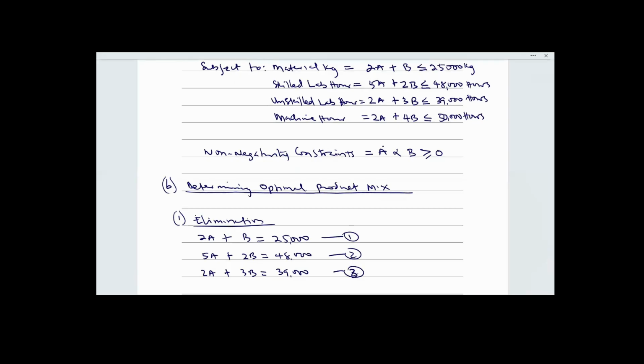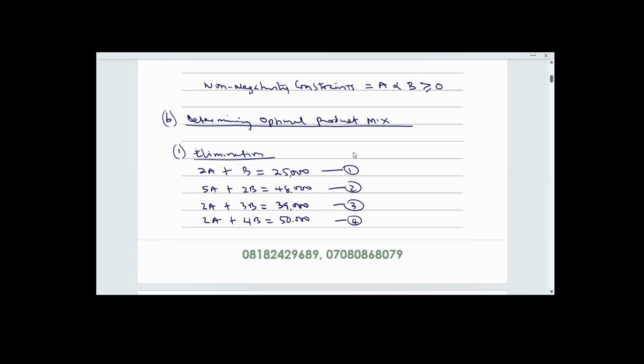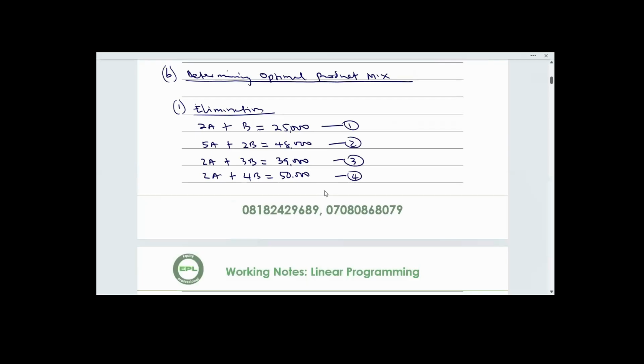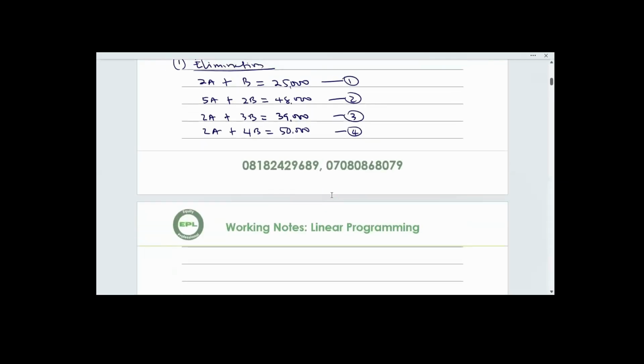Equation 3. Then the last equation is 2A plus 4B equal to 50,000. That's equation 4. So let's solve using elimination method.